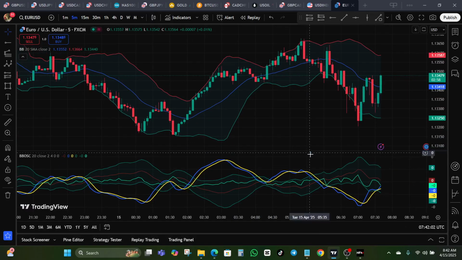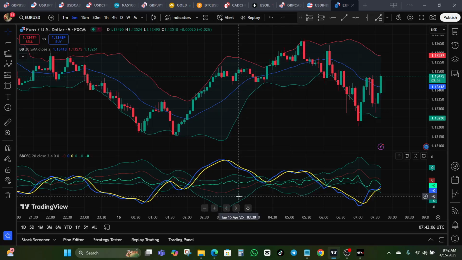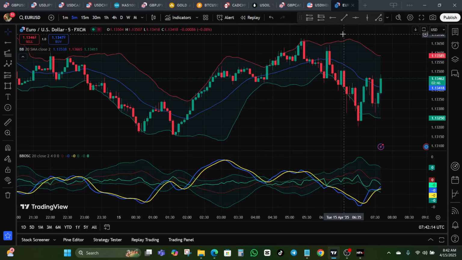Now let's talk strategy. The best way to trade with the Bollinger Bands Oscillator is to wait for price to reach key support or resistance areas while the oscillator shows an extreme reading. This gives you both context and confirmation.